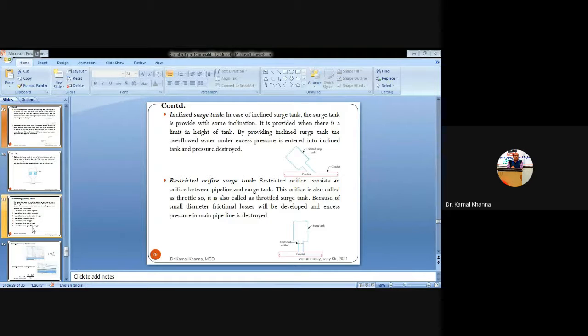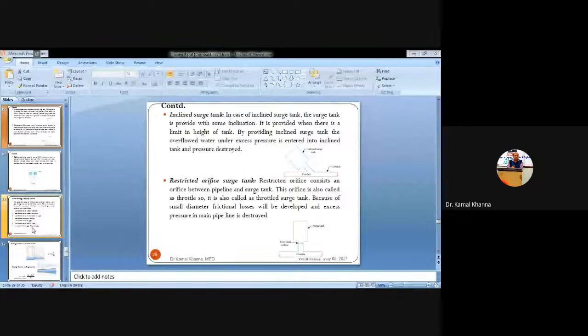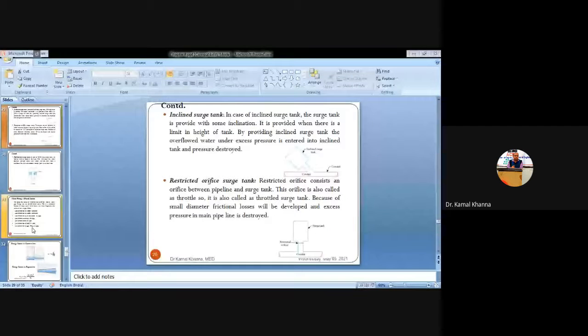But whenever there is a limit on the height, that is, you cannot install a vertical surge tank of great height in between the tunnel and the penstock, then you can install an inclined surge tank. The purpose is the same, to decelerate the excess pressure energy being transmitted from one end of the penstock to the other.